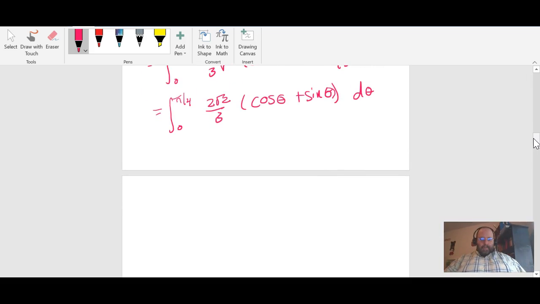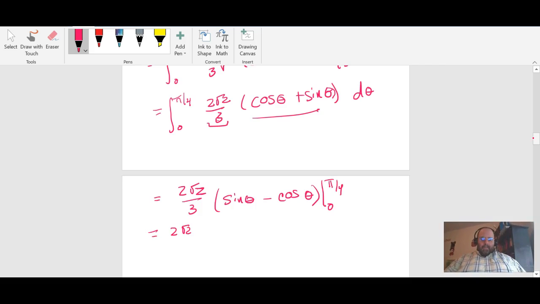So now we have to work the thetas. So this is now a constant, and this is working. So I'm going to get 2 root 2 over 3 times, cosine goes to sine theta, sine goes to negative cosine theta, from 0 to pi over 4. So this is 2 root 2 over 3 times, let's see, the sine of pi over 4 is root 2 over 2.